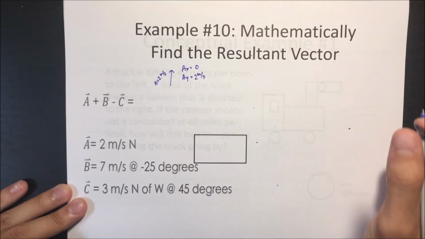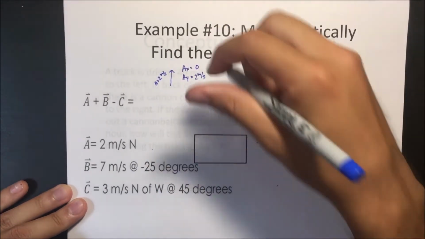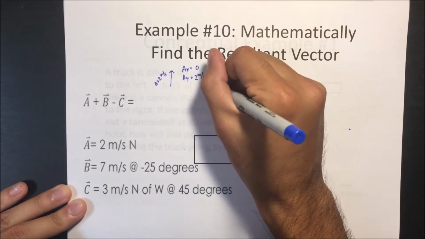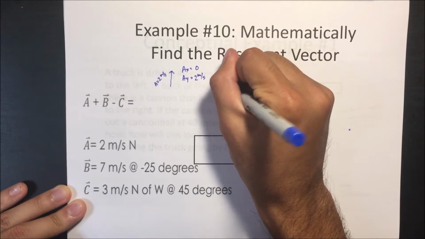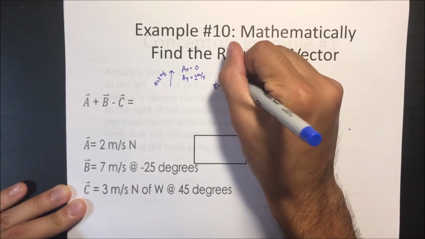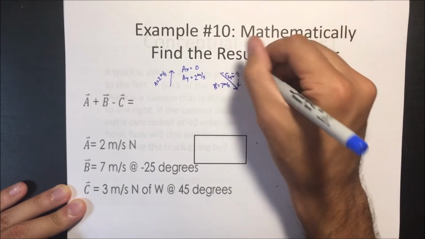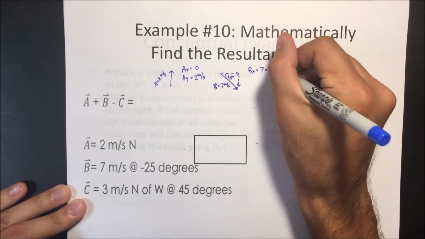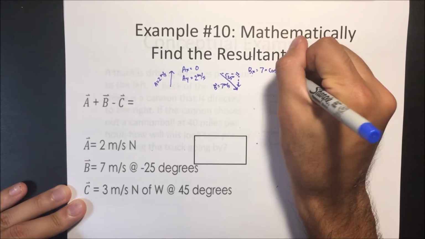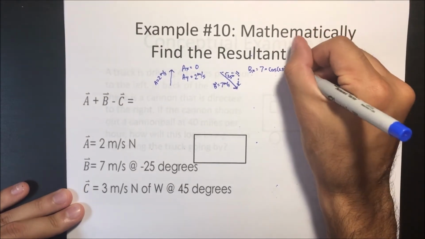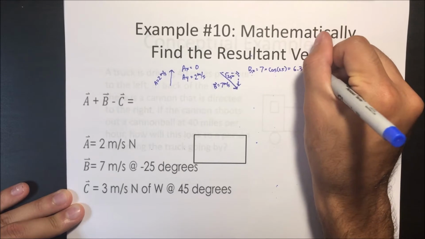B is 7 meters per second at negative 25 degrees. That means we're going clockwise. So we're going like this. B is equal to 7 meters per second, and this is going to be 25 degrees. So Bx is going to equal 7 times cosine of 25, which is going to give us 6.34 meters per second.